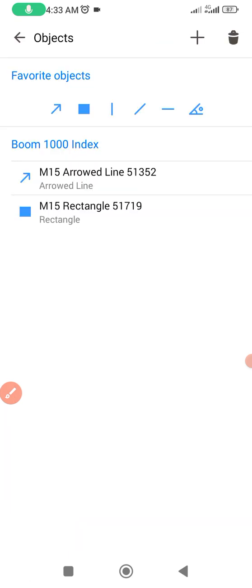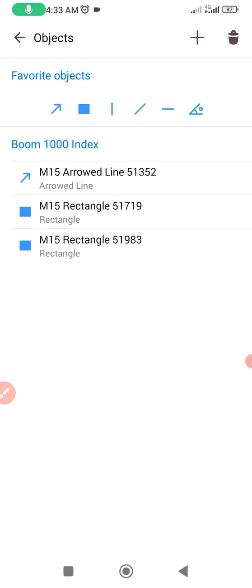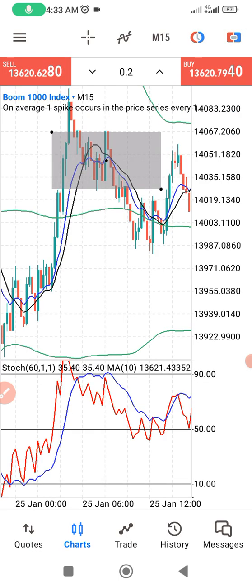At the lower time frame, it should be happening on M5 and then M1.